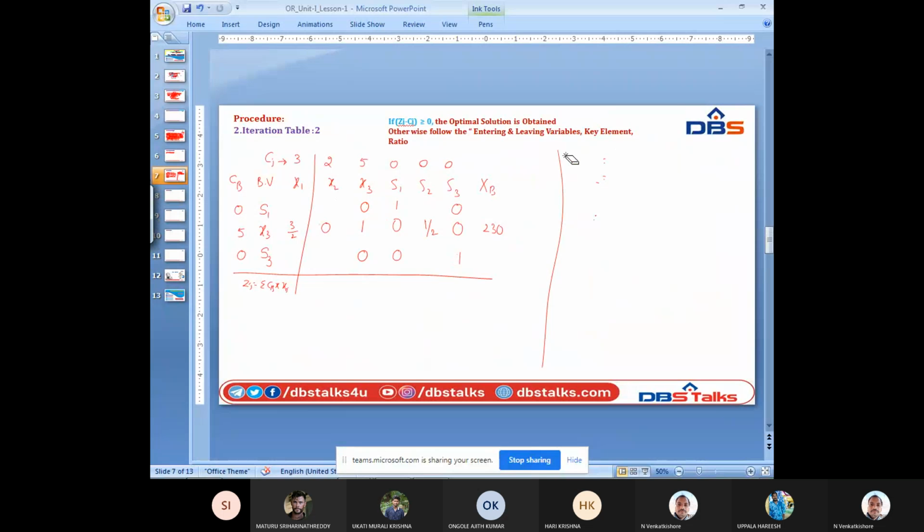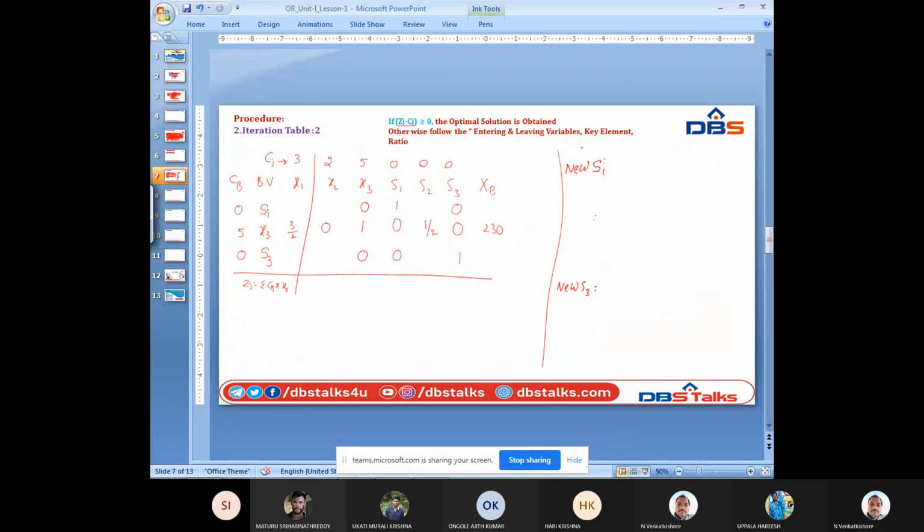Next, framing the table for these values. What are the table values here? The new S1 and new S3. Since S2 was replaced with X3, the table also becomes a new one.